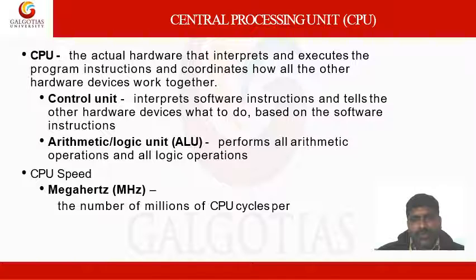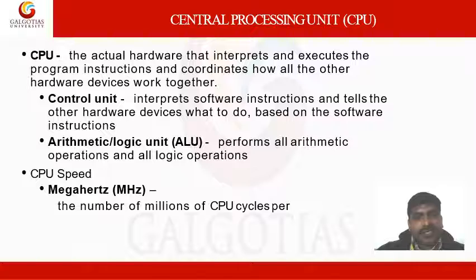When you give input through the mouse or keyboard and view it on the monitor, it is all processed by the CPU, which is categorized into two parts: the control unit and the arithmetic and logic unit. The control unit interprets software instructions and tells the other hardware devices what to do next based on the software instructions. The arithmetic logic unit performs all arithmetic operations and all logical operations.